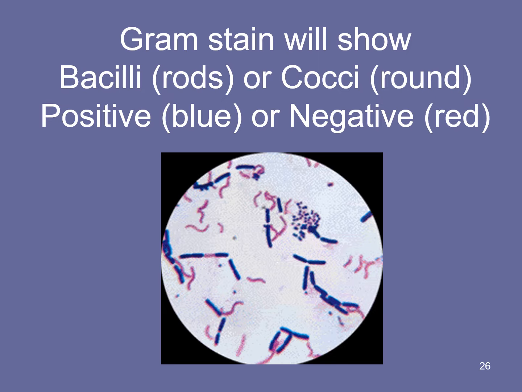The bacilli would be rods, and in this particular image they look long, they look elongated, whereas the cocci are more round, in clusters and chains. The staining, when you talk about gram positive, would be blue. So gram positive bacilli are the longer ones that are blue, and then the gram negative bacilli or cocci are going to be red. And this particular petri dish shows you a smattering of both types.